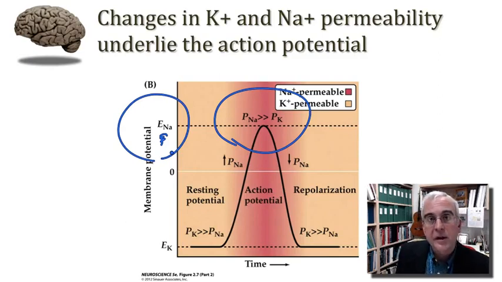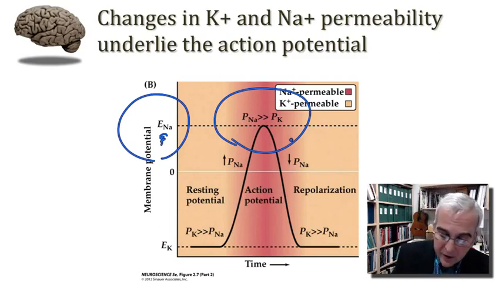And this is essentially what happens during the generation of an action potential. The permeability of the membrane goes from being just a little bit leaky for potassium to now being explosively permeable for sodium. And that will explain the rising phase of the action potential.